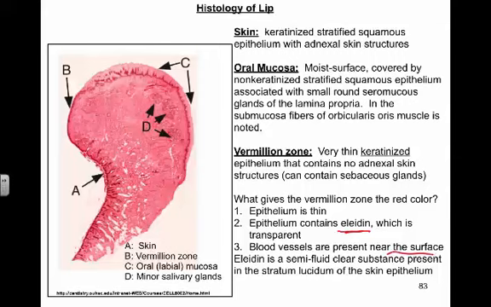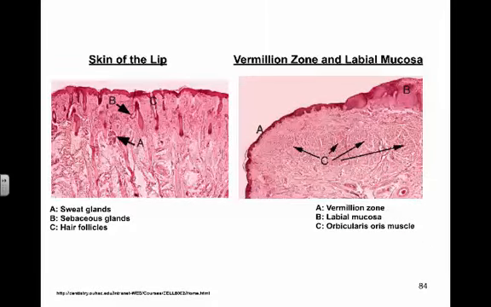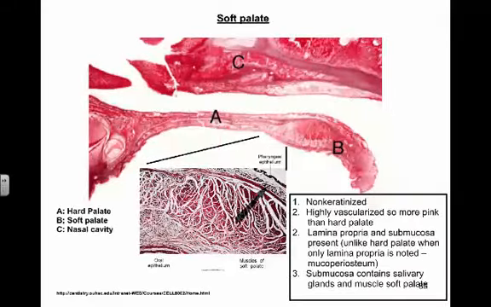And again, blood vessels are near the surface. So some patients have very, very thin vasculature over here, so that if they get an irritation, they will bleed very readily. And it's really hard to stop.